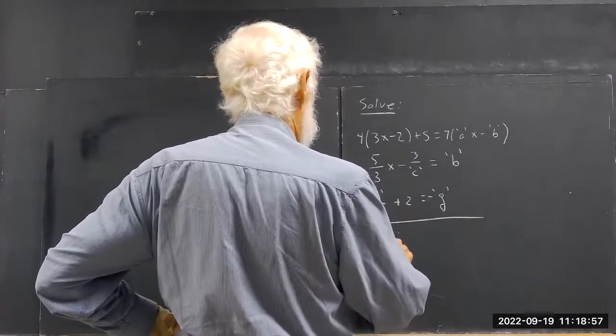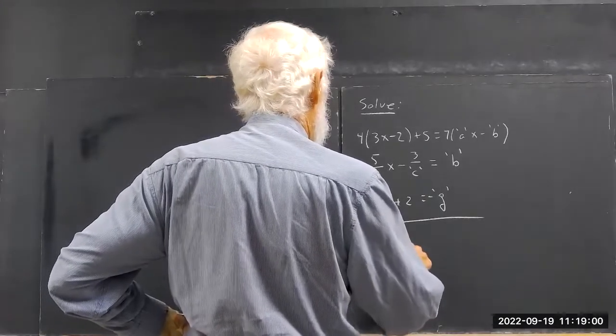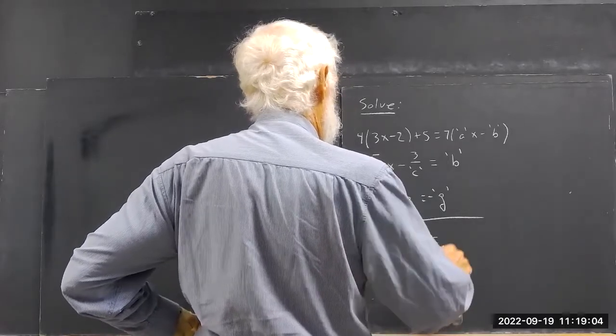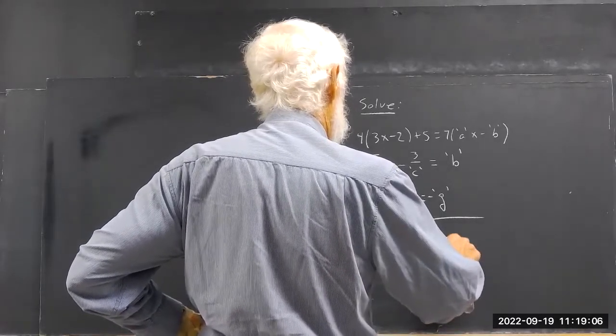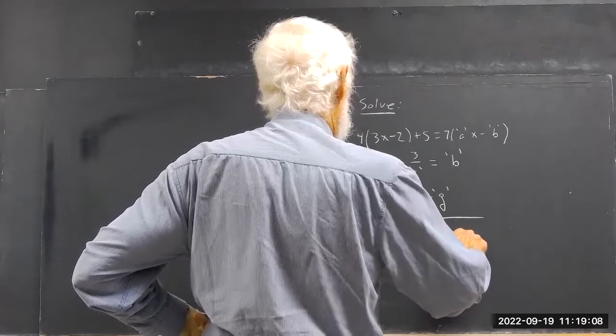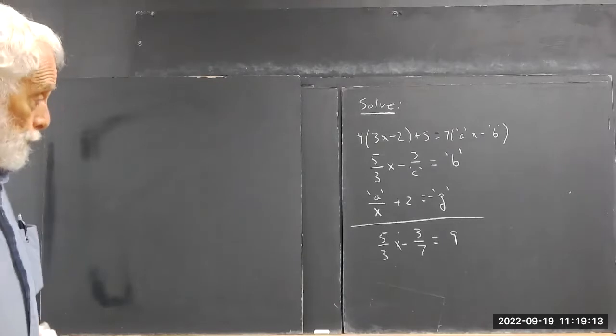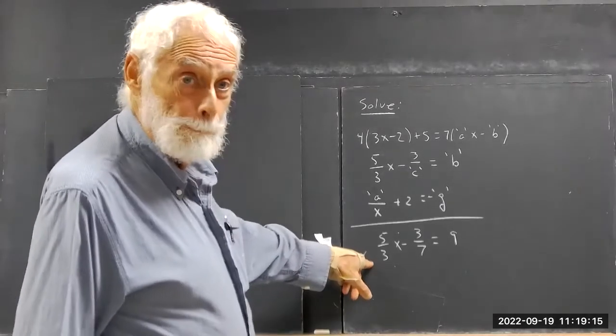So let's say we've got 5/3 x minus 3/7 equals 5. Well, we see a denominator here, 3.